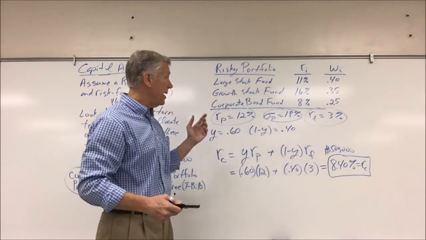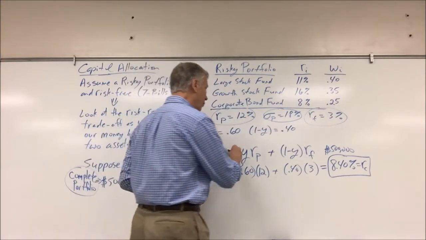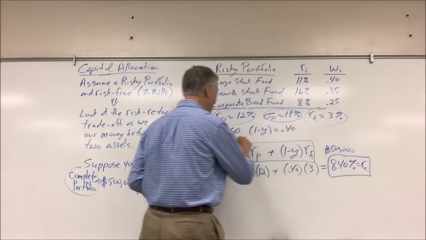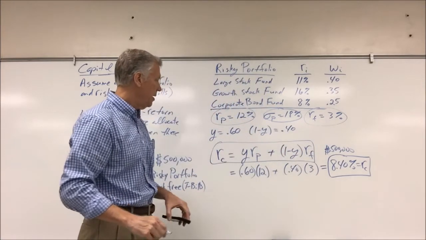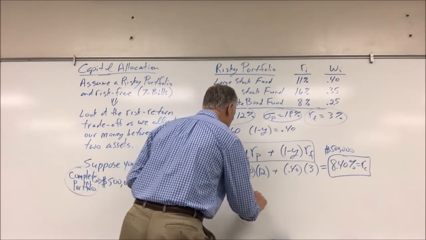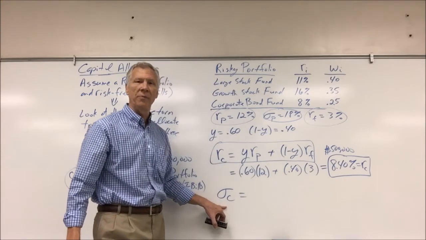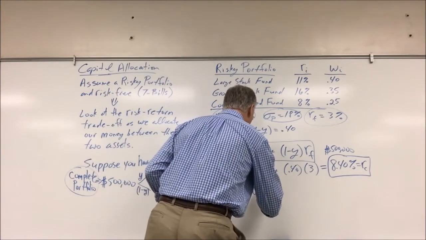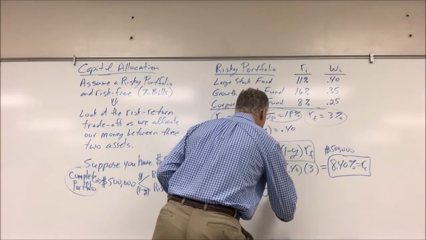So what it's going to work out to be, these are going to be some formulas you want to have and need for quizzes and things. The formula for the riskiness associated with the standard deviation for the complete portfolio is simply going to be Y times sigma P.